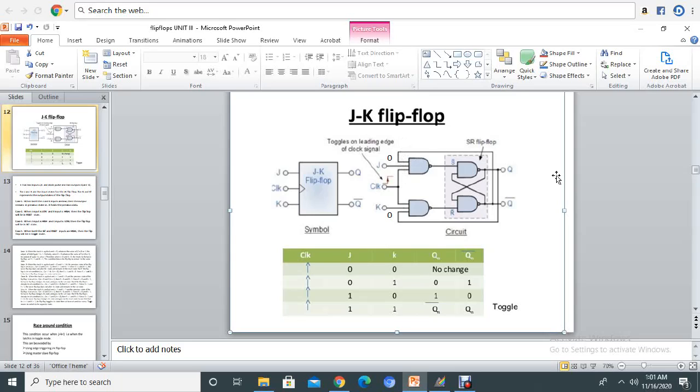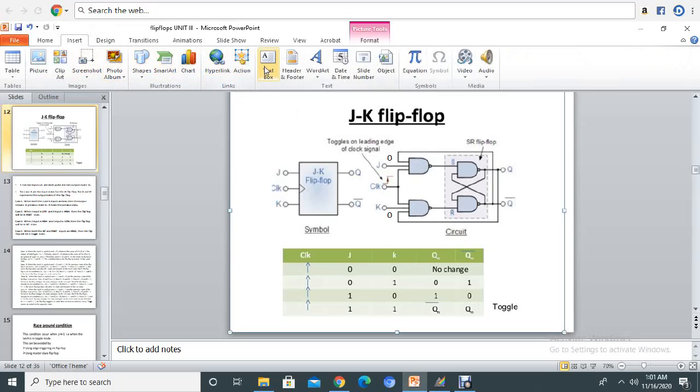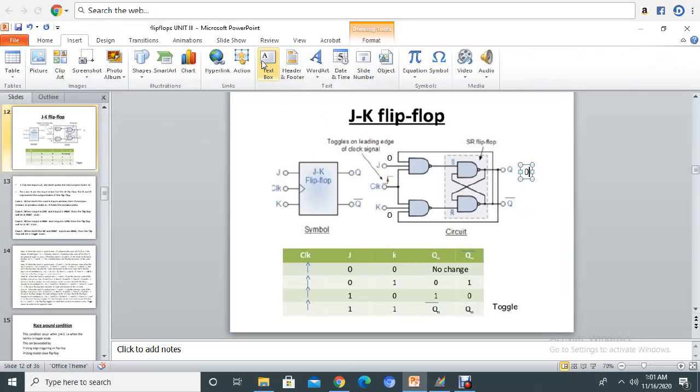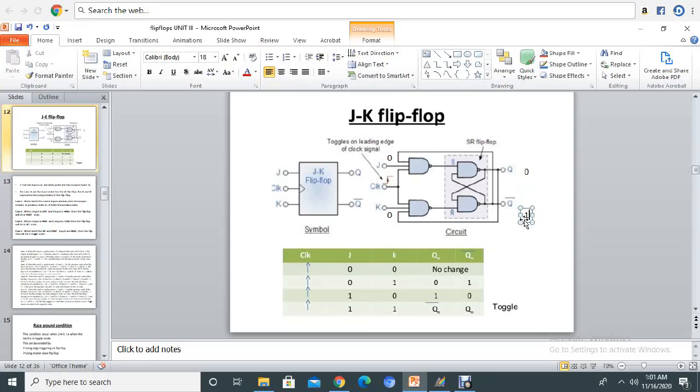We don't know the value of Q and Q bar. Now we assume that Q is equal to 0, previously 0 in the output Q. Q is 0, then Q bar is equal to 1. This 0 is applied to this input.